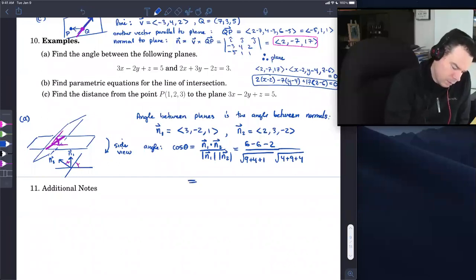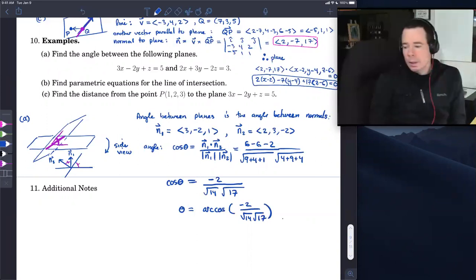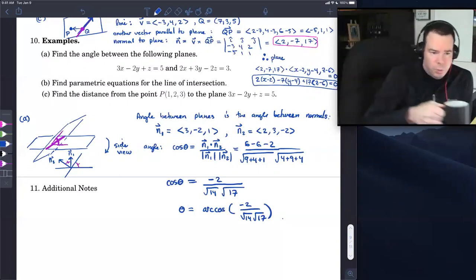That gives us minus 2 over root 14 and root 17, and that is cosine of theta. So theta is arc cosine of -2 over root 14, root 17. There is an expression for the angle, which we can then work out.